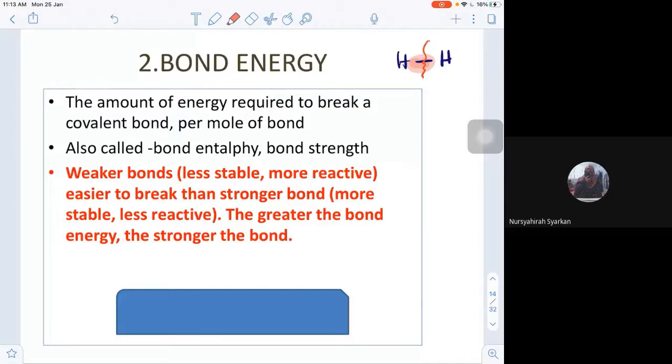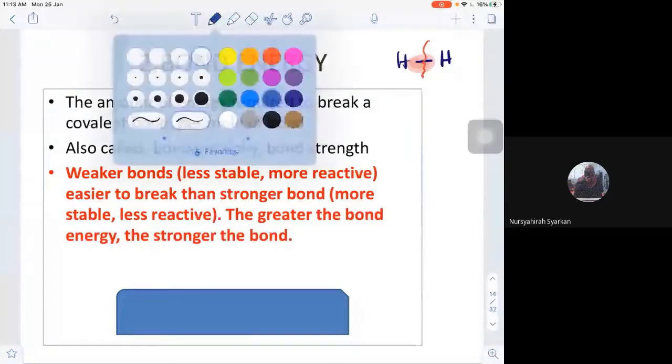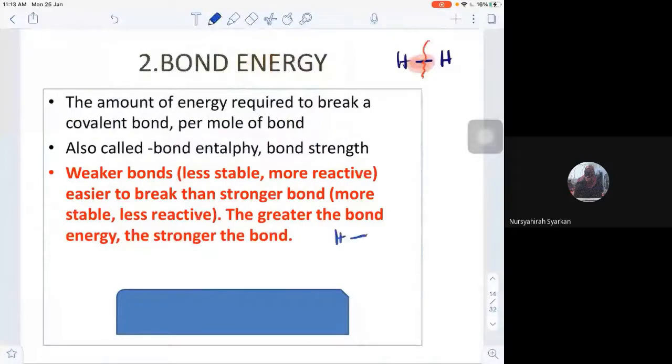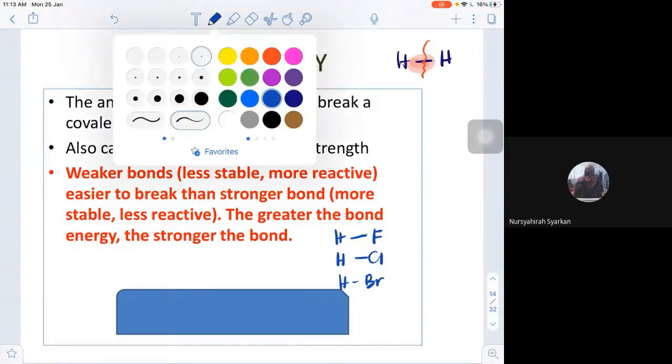Now we want to relate the bond energy and the electronegativity difference. Let's say we have bonds in HF, HCl, and HBr. Look at the electronegativity value of hydrogen.